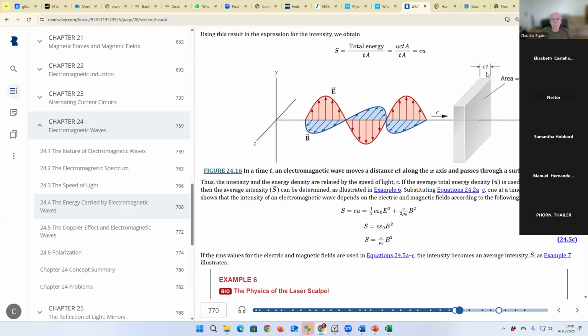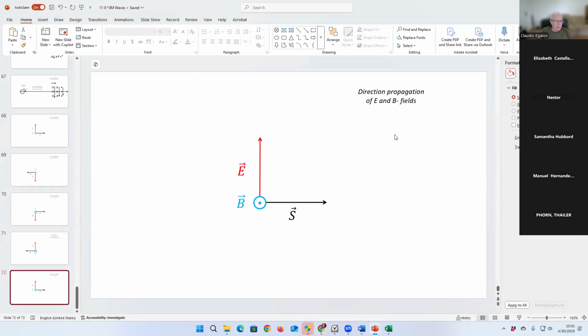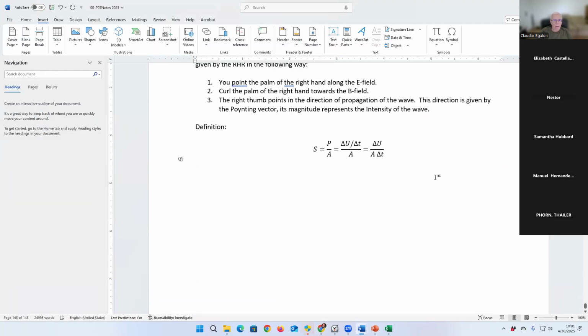Okay. So if this thing here is the area, what you're going to see here is the volume, the whole volume of the electromagnetic wave, where the electromagnetic wave is enclosed, okay? The volume the electromagnetic wave travels in an amount of time delta t, okay?